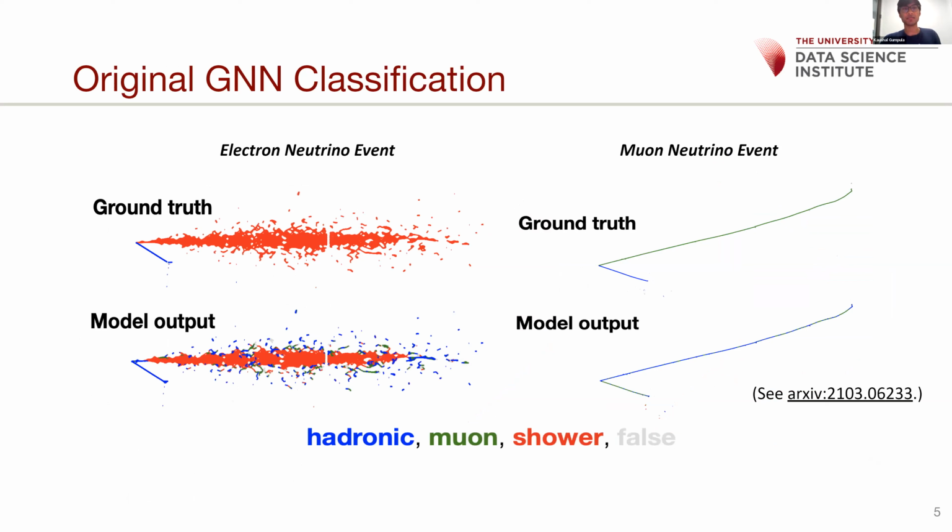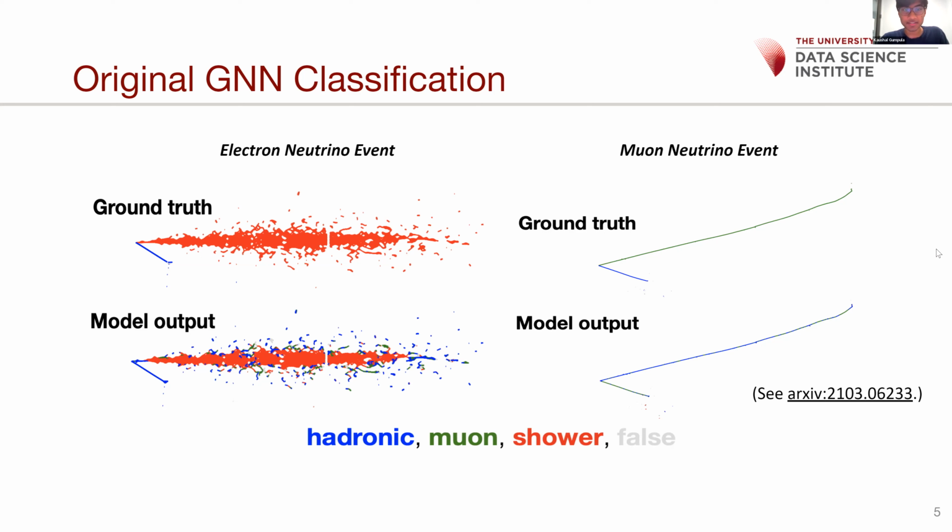To get a better idea of what the original GNN classifier looked like and what's going in and out of the model, on the left you can see an electron neutrino event. On the right, you can see a muon neutrino event. The original GNN model was an edge classifier. In this top row, you can see the inputs going into the model, and then this is the model's attempt at classifying this.